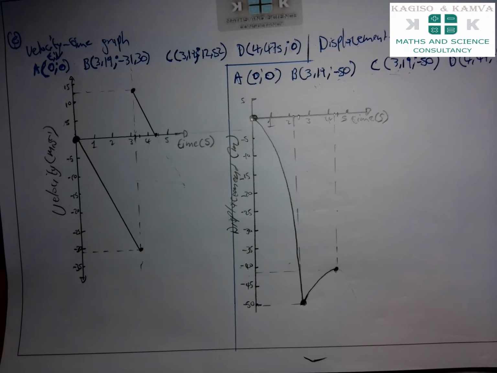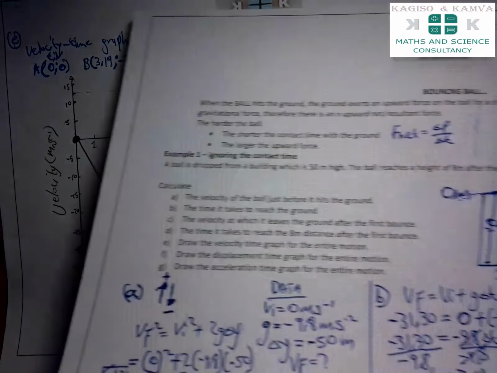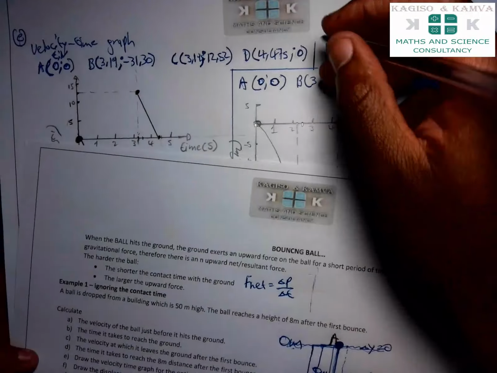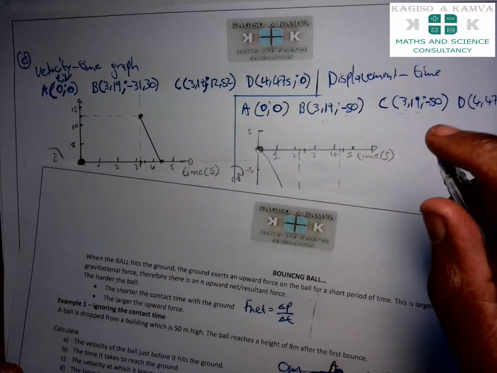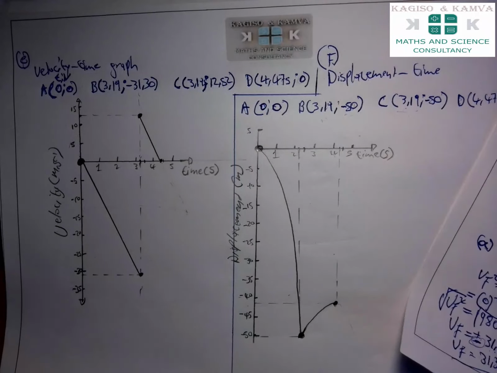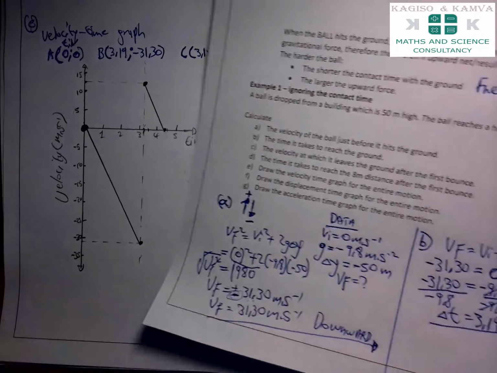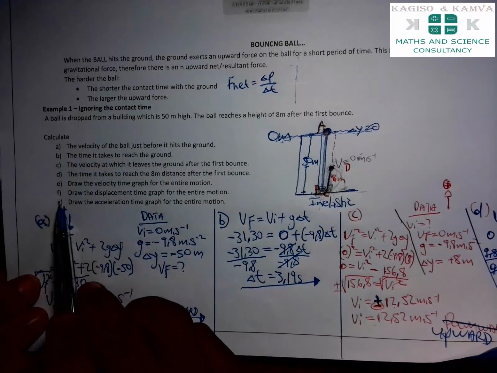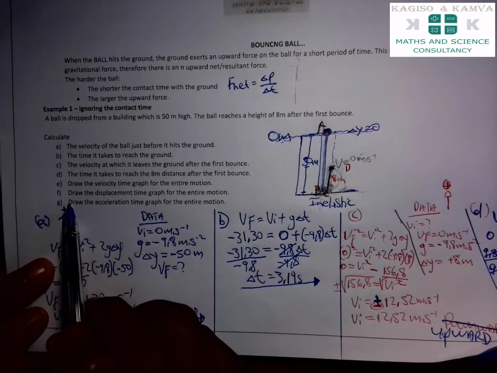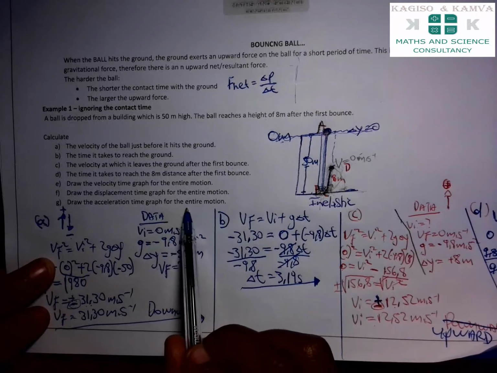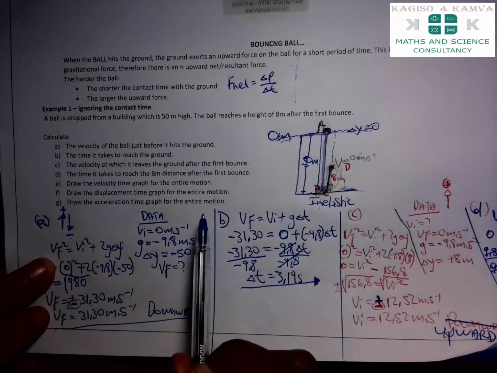Now let's come to do the last one, G. Okay, this one's F. This was F. Now let us come to do G. With G, let's draw the acceleration time graph for the entire motion.